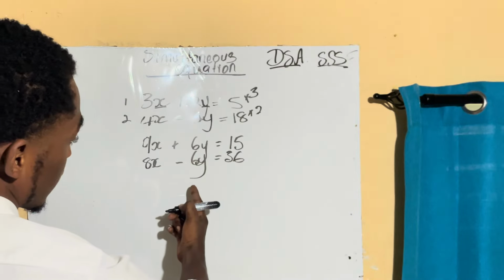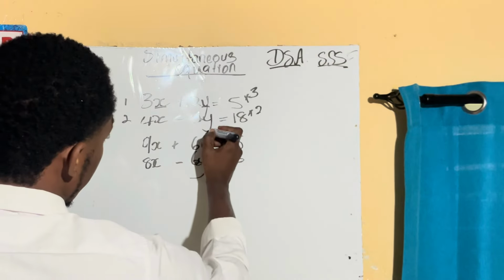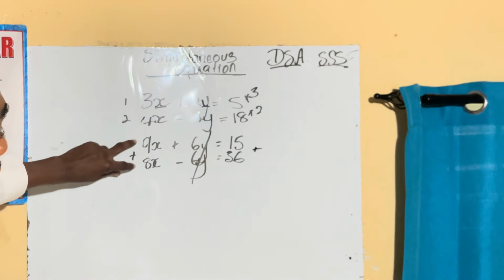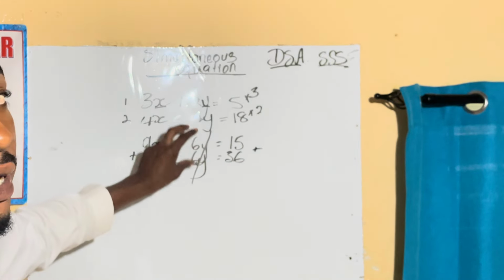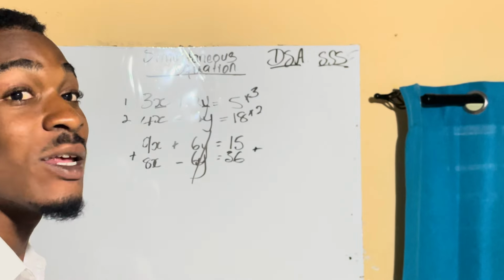Now both the 6y's are the same, so we can apply the method of elimination and eliminate these. We need to add both our equations because we're working with different signs, add. So add the top equation with the bottom equation. We're not going to add the 6y's because we have already eliminated them.